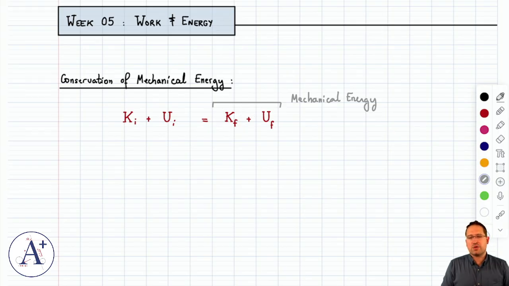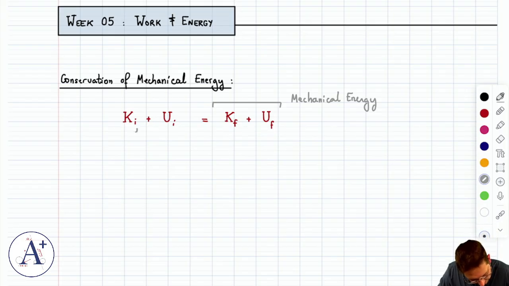Now, kinetic energy is pretty easy. We only have one formula. It's 1/2 mv squared, which we'll write down in a second. Potential energy, well, it depends. You could have two, because there's 2 types of potential energy in 8A, and we have to account for both if both are present. So the point is, the total K plus U, this means the sum of all the kinetic energy and the sum of all the potential energies, is called mechanical energy.